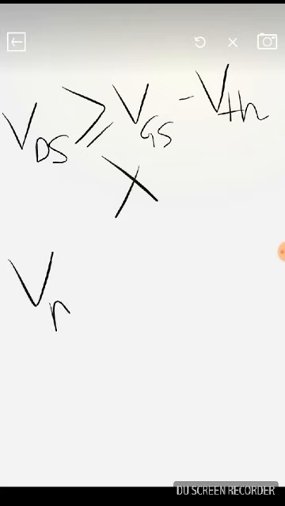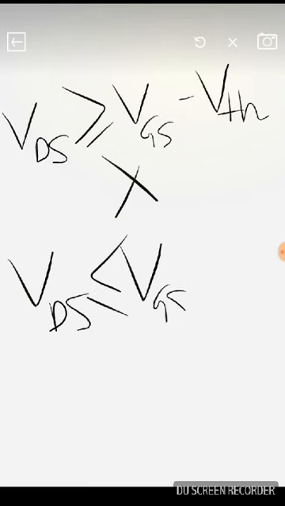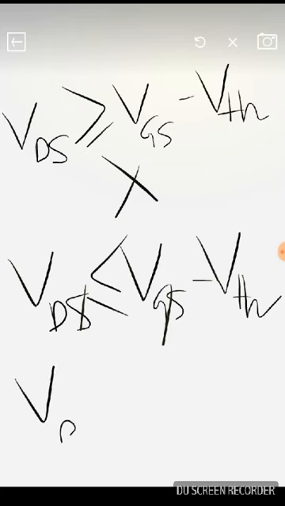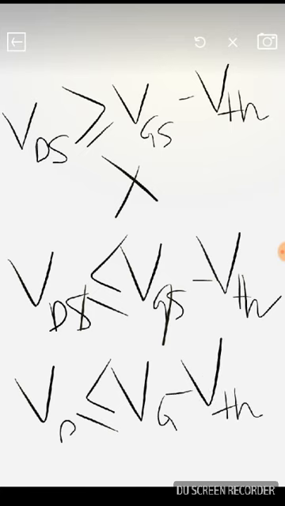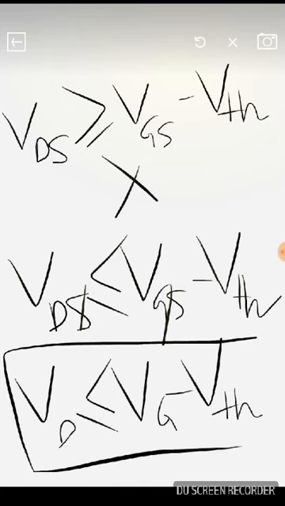VDS should definitely be less than or equal to VGS minus VTH. Taking the source as a common part, we can say that VD should be less than or equal to VG minus VTH. So this is the equation that we come across.